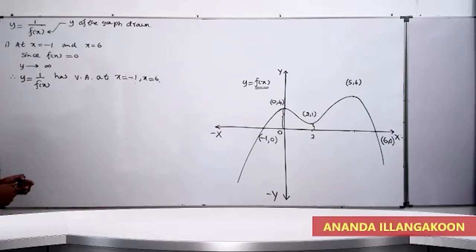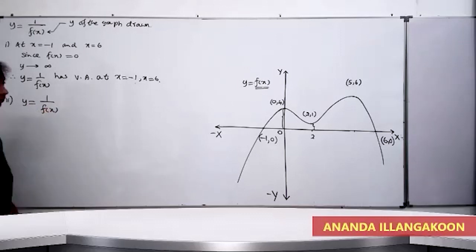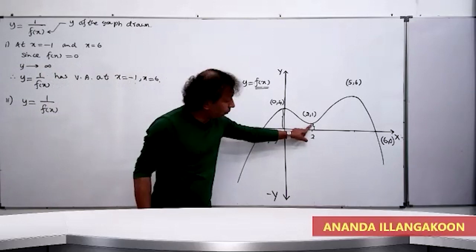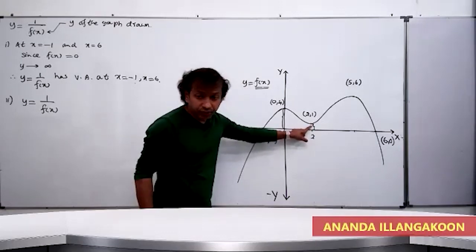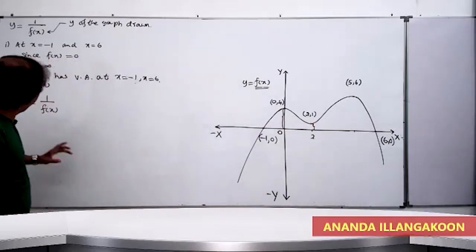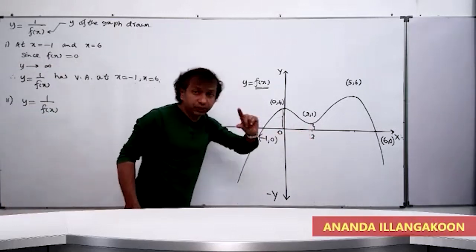Okay, right. Next one, number 2. You can very clearly understand here, at this point, this has a minimum, no people? This y has a minimum point. The shape is minimum. Here the y coordinate means f(x), no?